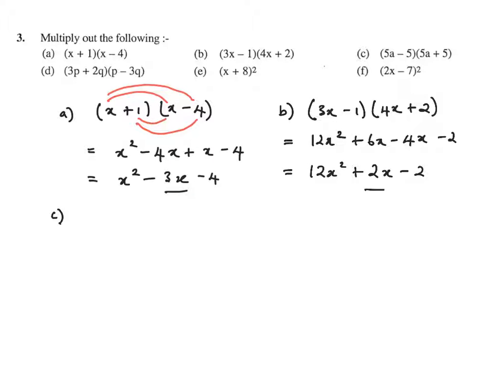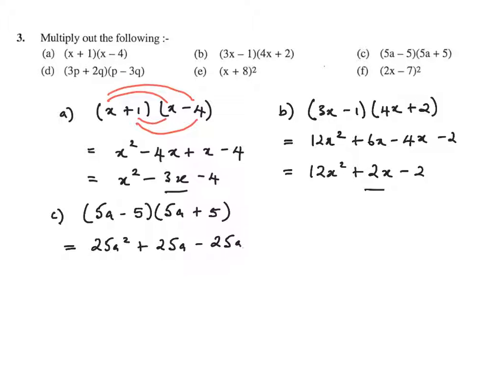Part C. 25a squared plus 25a minus 25a minus 25. The middle terms cancel, and we've got 25a squared minus 25.